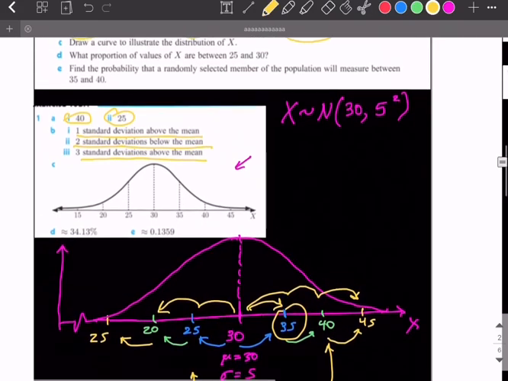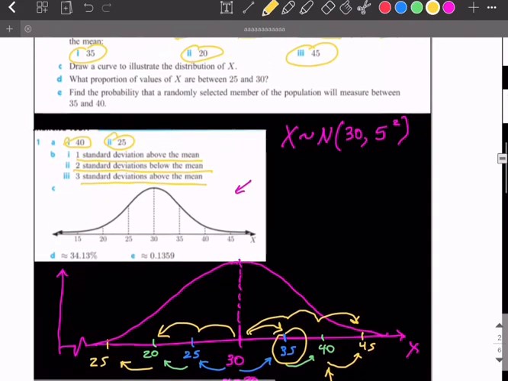And let's see now the next. Draw a curve to illustrate the distribution of x. So the curve, I think it's the graph that was provided here. And now, what proportion of values of x are between 25 and 30? So let's see now. I'm going to try to find a new color if I can.